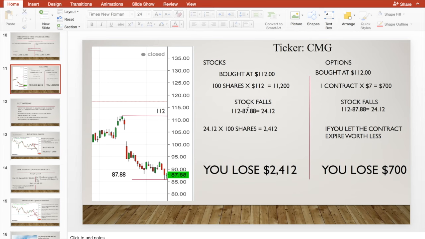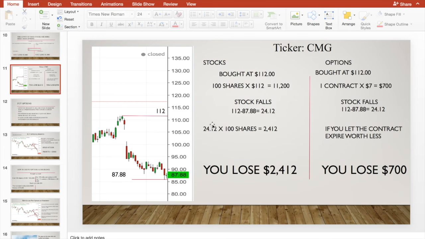Okay, say perhaps the stock falls, because remember, Chipotle Mexican Grill had the mad cow disease. I forgot which disease it has, but it really causes the stock to go down. So the stock falls from 112 to 87, which equals a $24.12 loss basically.